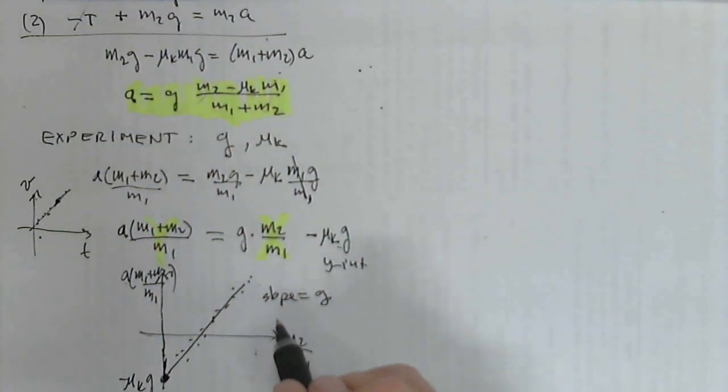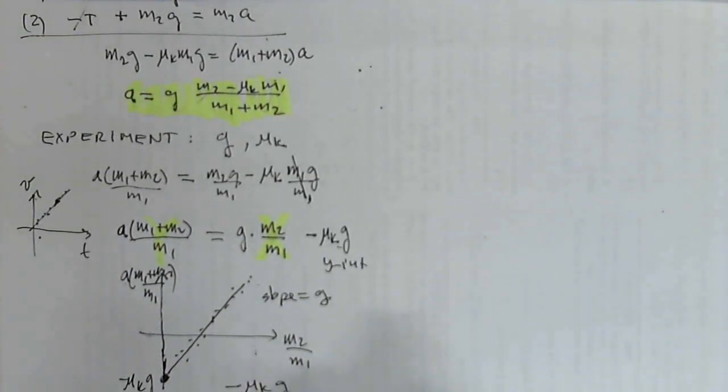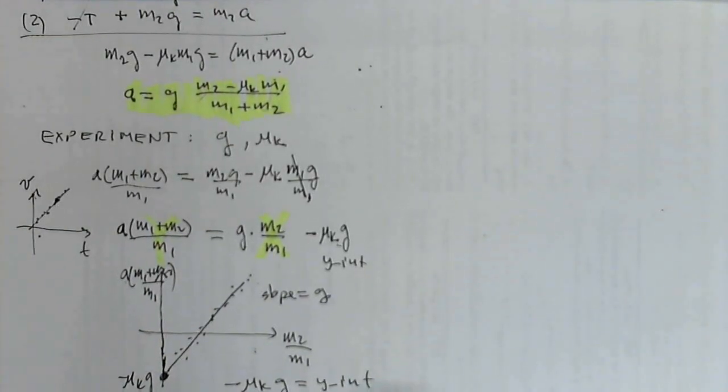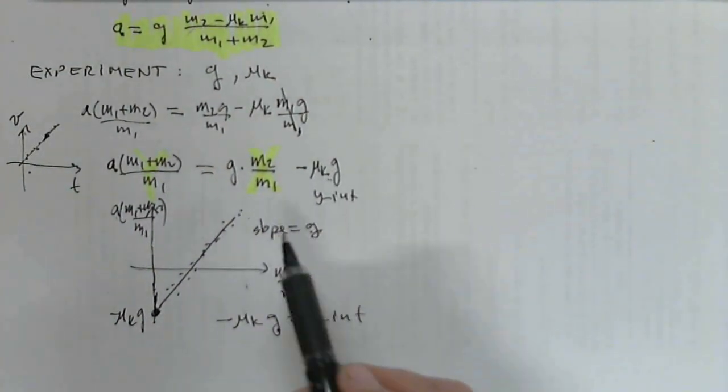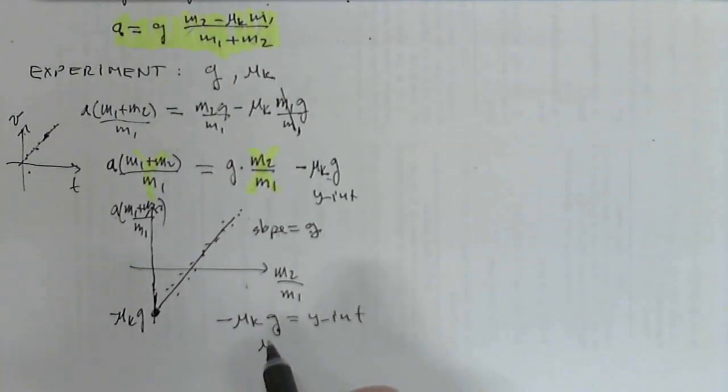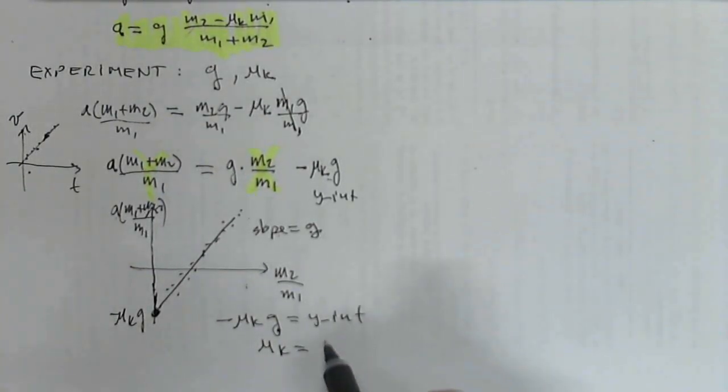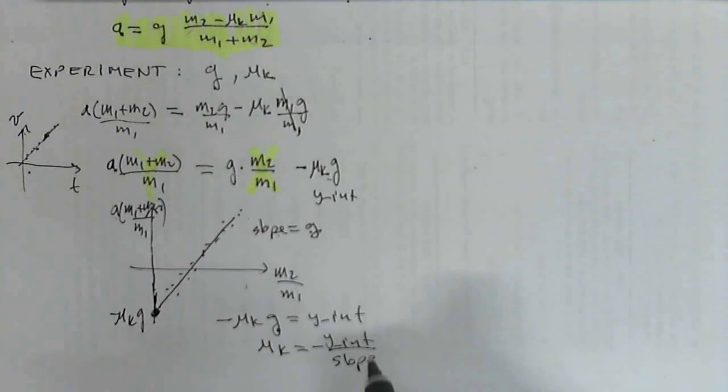So the negative mu k, the coefficient of friction times g, is the y-intercept, but the acceleration of gravity is the slope of the line. So mu k is the negative y-intercept divided by the slope of the line.